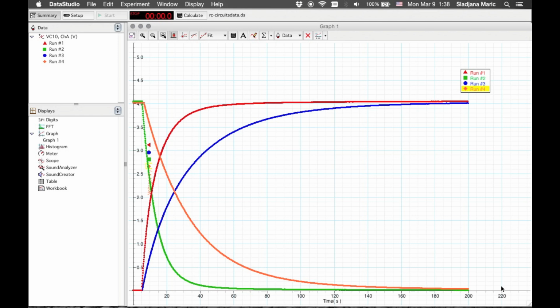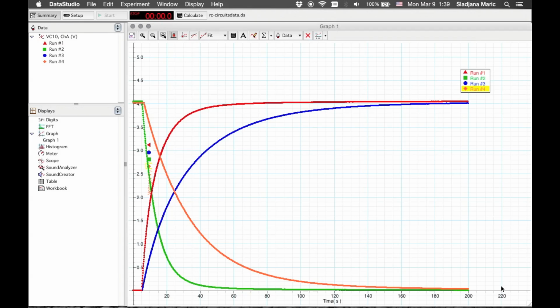And for the case when the capacitor is discharging, the ln of Vc divided by epsilon, or in our case V0, is going to be equal to negative t over RC. Now if you plot the left-hand sides of the equation as a function of time, from the slope of that curve we can calculate the capacitance of the capacitor knowing the resistance of the resistor.